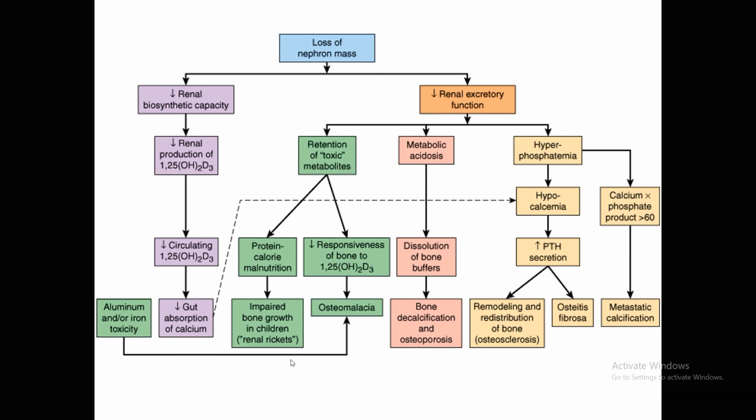This is the renal rickets. The decrease in renal excretory function unavoidably causes metabolic acidosis with additionally bone decalcification and osteoporosis. Hyperphosphatemia will be produced because of the retention of phosphates, with consequent potentiation of the hypocalcemia and potentiating the metastatic calcification.